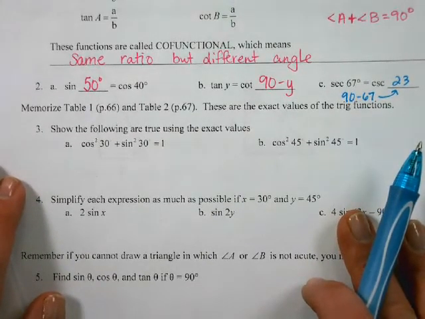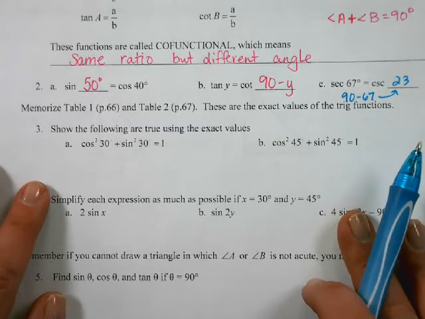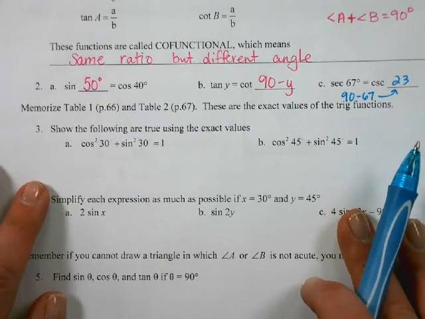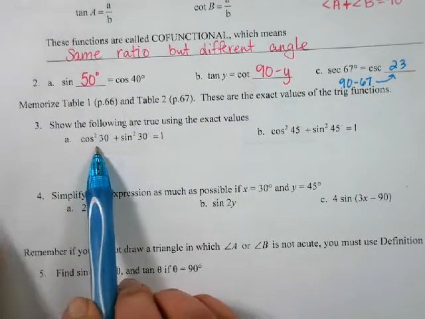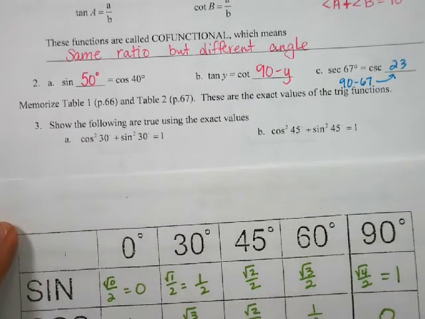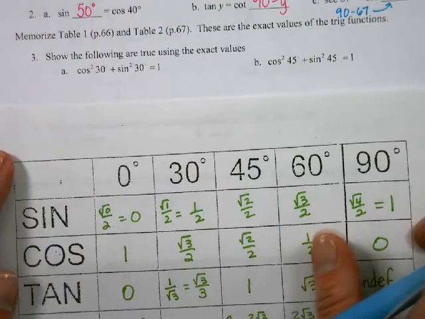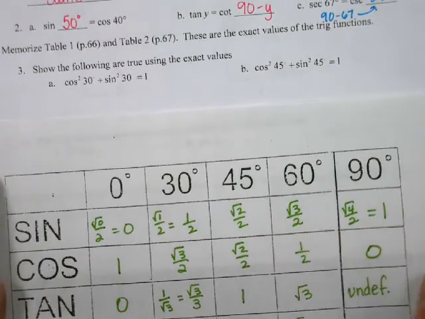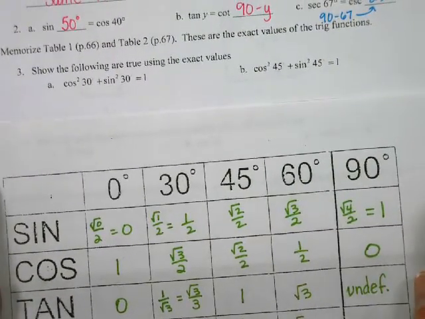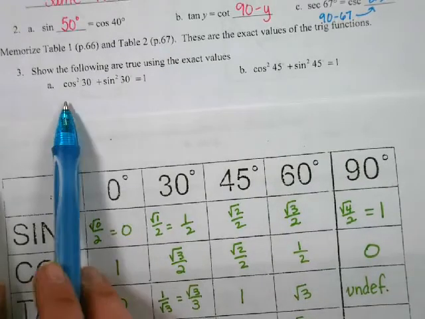Number 3 says, show the following are true by using the exact values. Okay, so here I go. I've got my exact value chart, and it says the cosine of 30 squared plus the sine of 30 squared is equal to 1. Well, let's look at the cosine of 30. What's the cosine of 30?